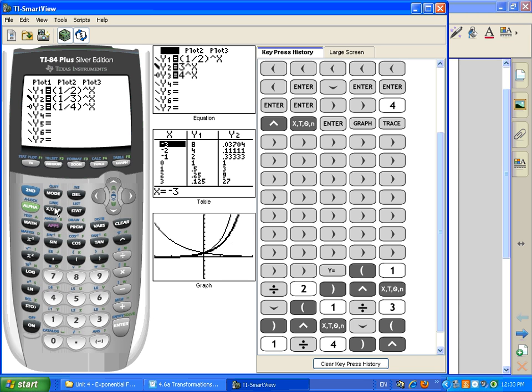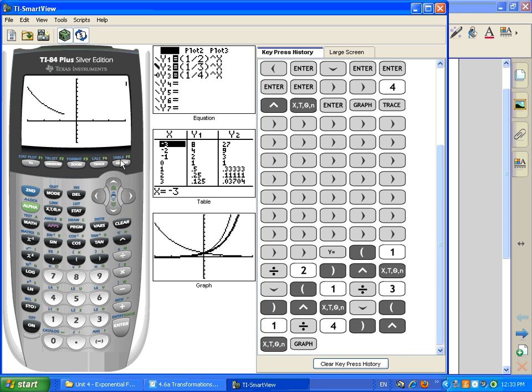Let's take a look. So here's the first one, which is 1/2, 1/3, and 1/4. Okay. Notice again, the rate of change is different, which produces different graphs.